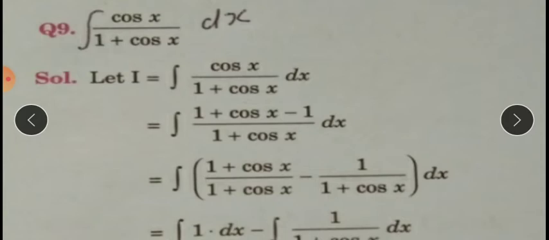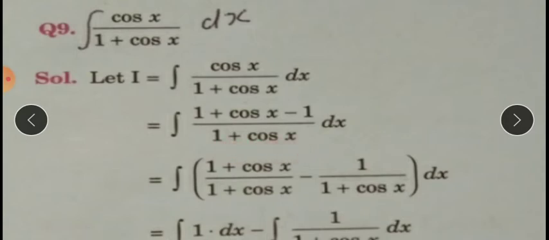For this purpose, let I is equal to integration cos x upon 1 plus cos x, adding 1 and subtracting 1 in the numerator, that is, doing addition and subtraction of 1 in the numerator. Denominator is as it is, 1 plus cos x.